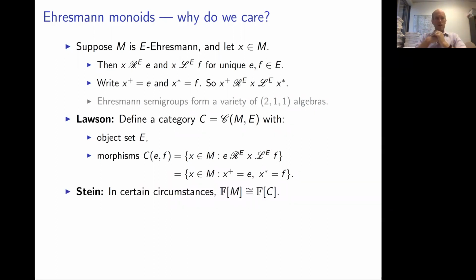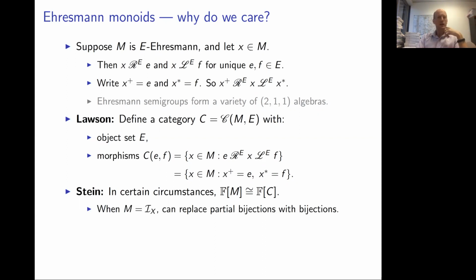And Stein showed that if you're interested in the representation theory of your Ehresmann monoid, if you're lucky, it will have the same representation theory as this category. And you might think, okay, why do we want to turn a simple thing like a monoid into a complicated thing like a category? But this category is actually, in some sense, a simplification of the monoid.